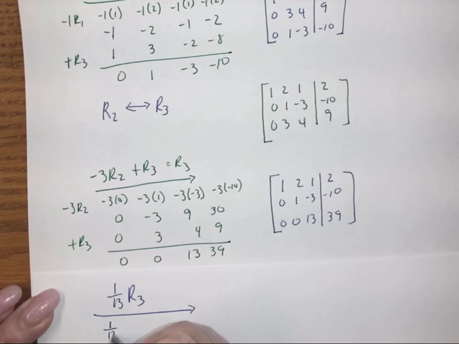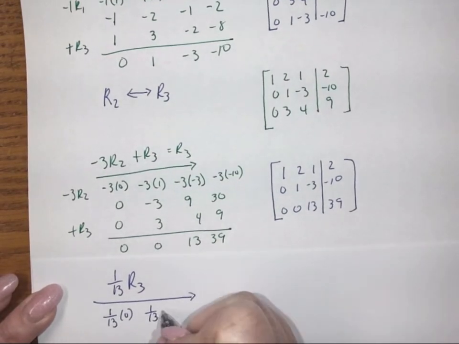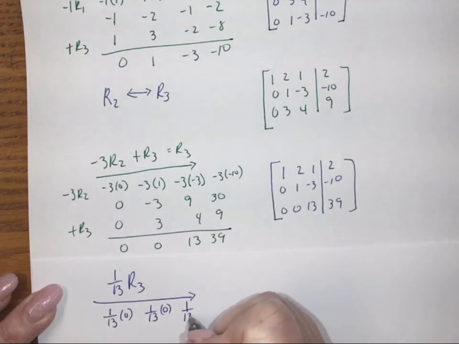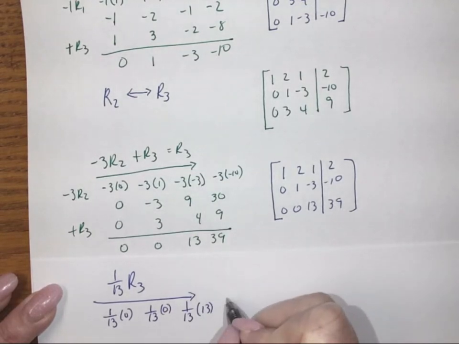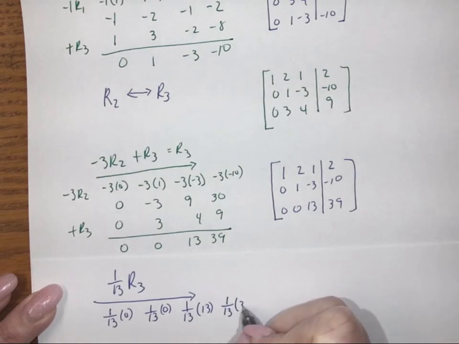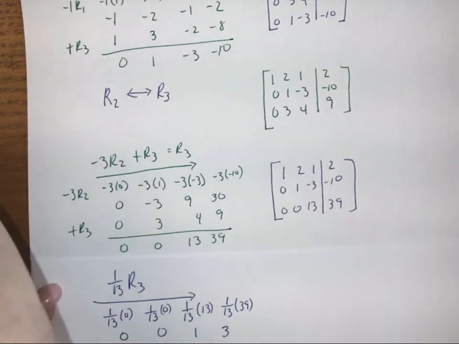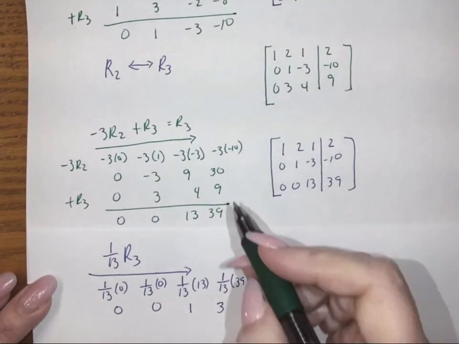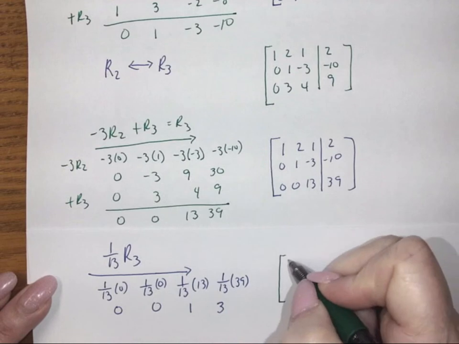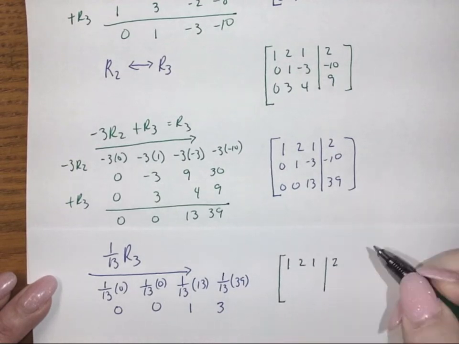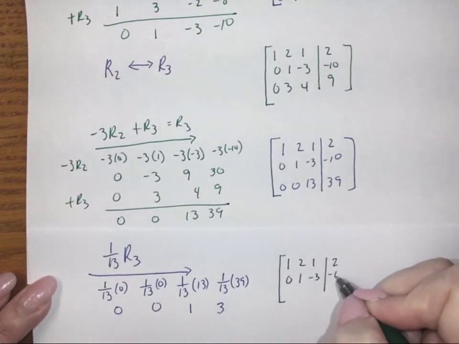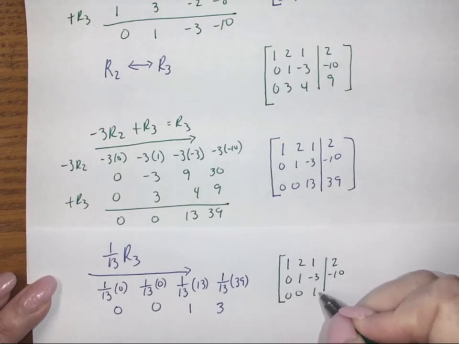So we'll have 1 over 13 times 0, 1 over 13 times 0, 1 over 13 times 13, 1 over 13 times 39. That'll get us 0, 0, 1, and 3. And rewrite our matrix: 1, 2, 1, 2, 0, 1, negative 3, negative 10, 0, 0, 1, and 3.